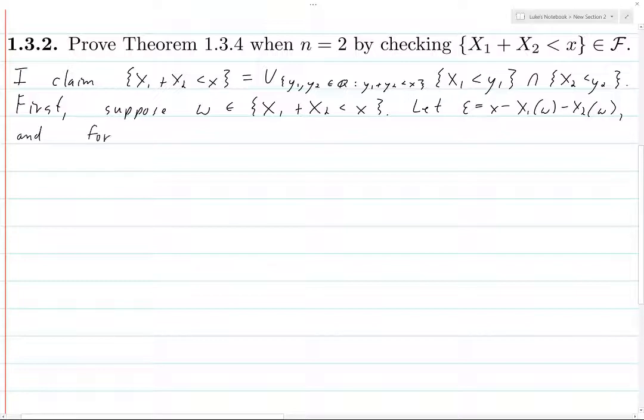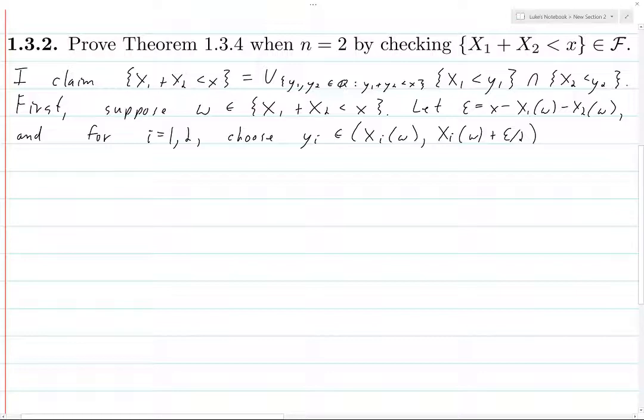For i either 1 or 2, choose yi greater than xi of omega but less than xi of omega plus epsilon over 2.